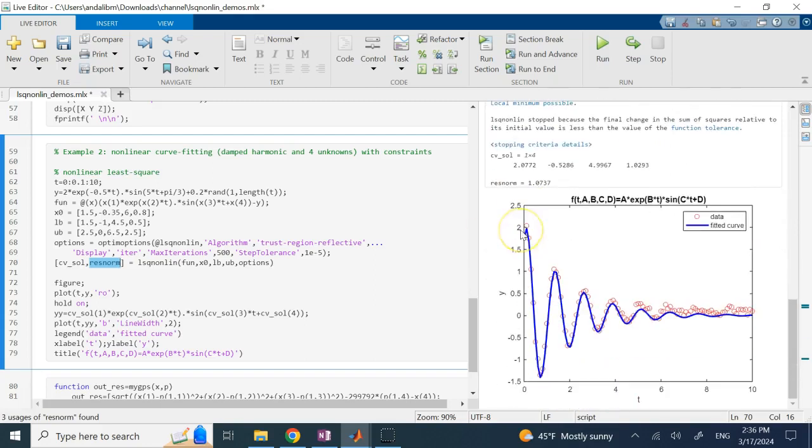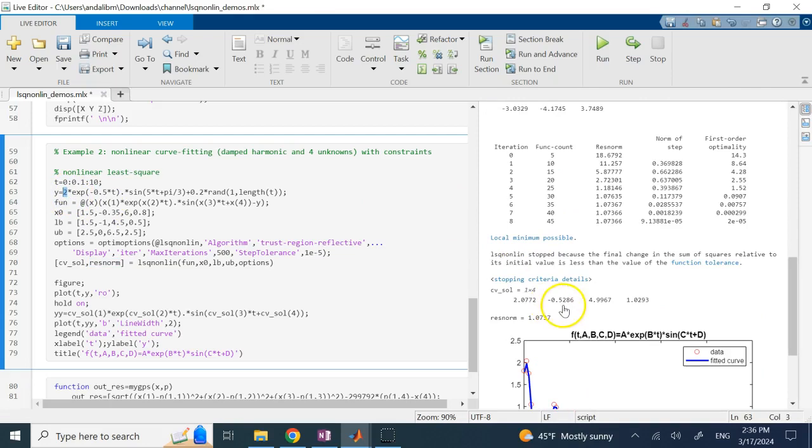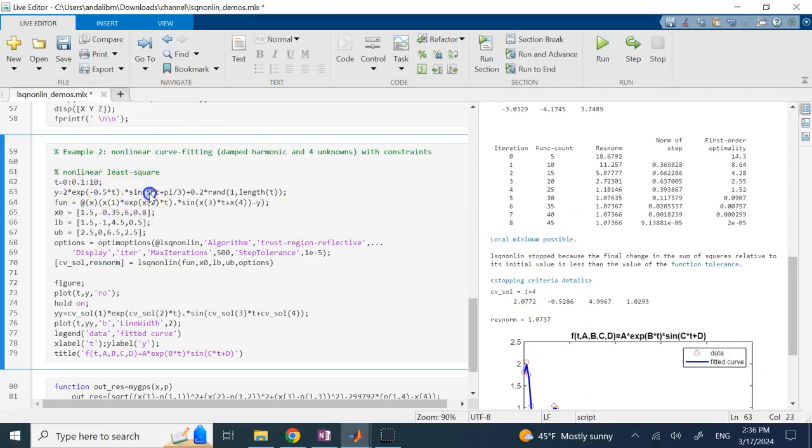And now if you look here, the parameters it estimates are 2.07. This parameter is 2, so you see it's not bad. Then negative 0.52, that's negative 0.5. This frequency is 5, it estimated 4.9967, and this one is pi over 3, which is 3.14 over 3, which is 1.04.